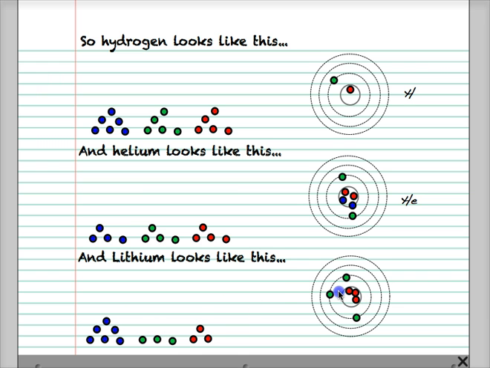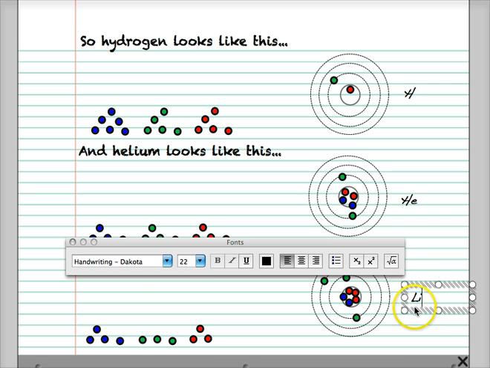Now I can't put that in the first orbital because the first orbital can only hold 2 electrons, so that must go into the next orbital. This orbital, the second orbital, can hold 8. When that's full, then we move on to the next orbital. Lithium can have 2 neutrons, 3 neutrons. I'll put 2 neutrons into this one here. So that's lithium, Li.